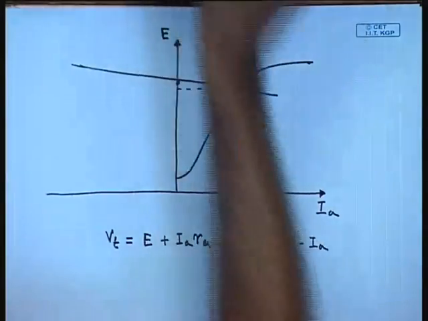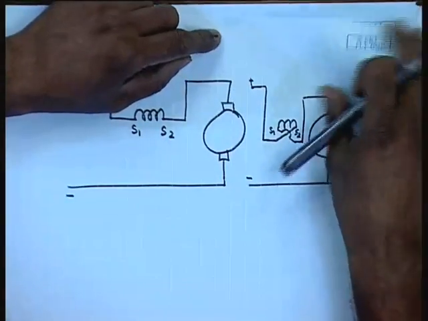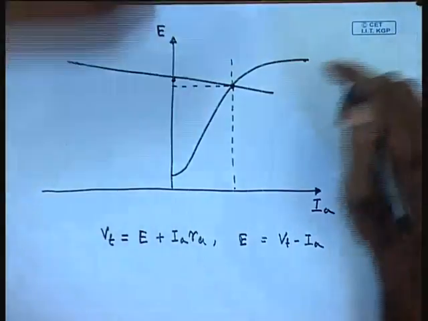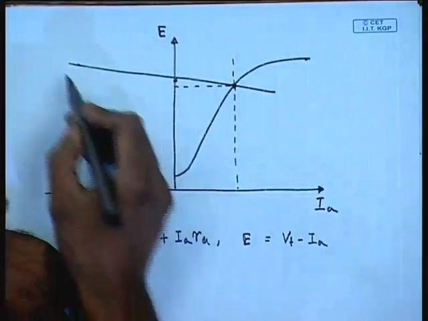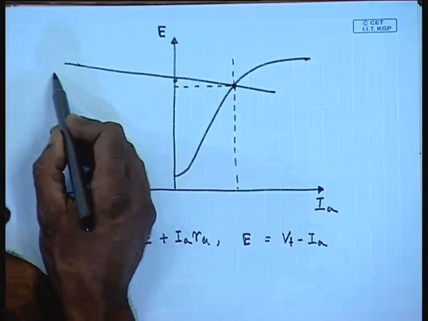Now, suppose I had interchanged the polarity of the field terminal. In that case, for negative current, similar characteristics will be obtained.